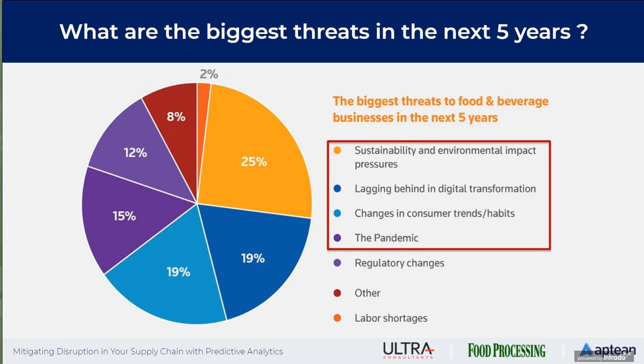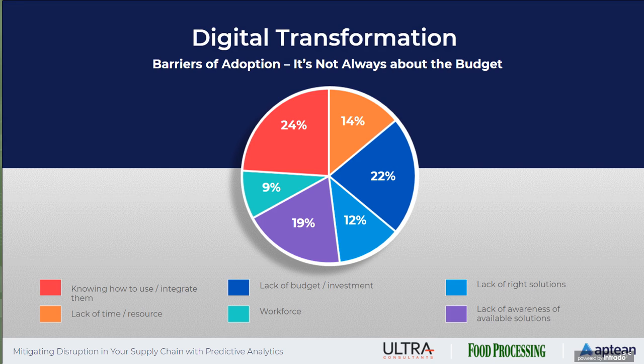Absolutely. Good, thanks. And so then one of the next questions that we ask, and again, this was not an interactive process, but these were a number of survey topics. We found out that digital transformation or lagging behind was such a concern. We then asked, well, what barriers are they seeing to digital transformation?